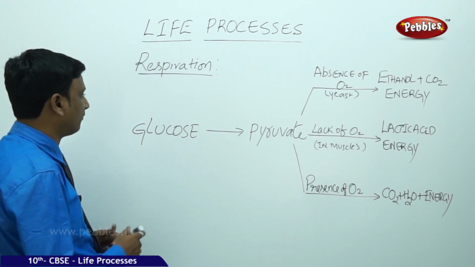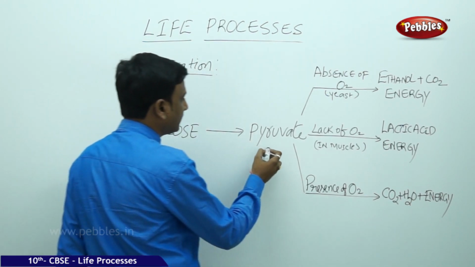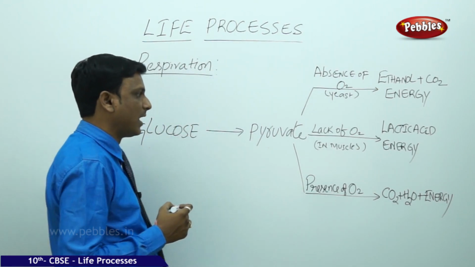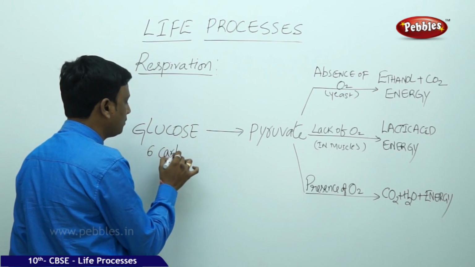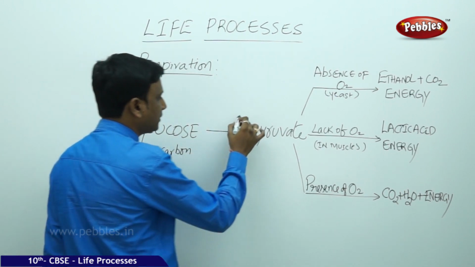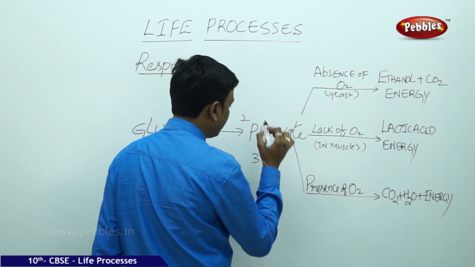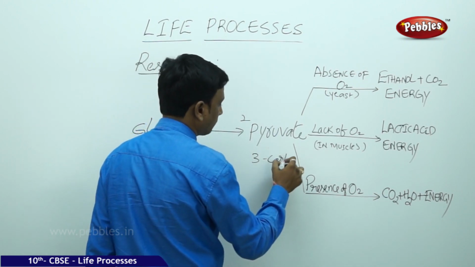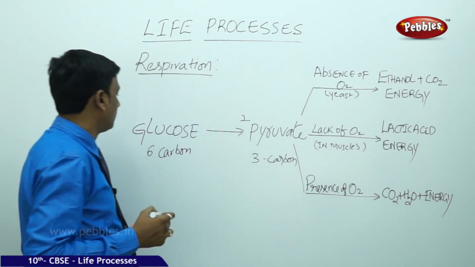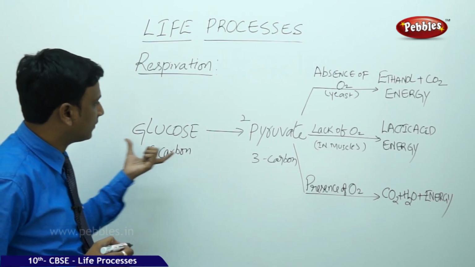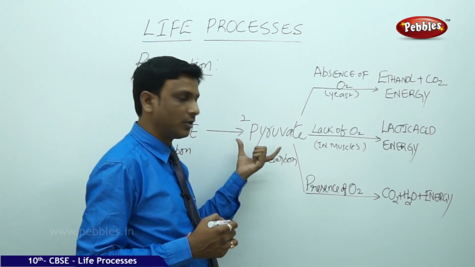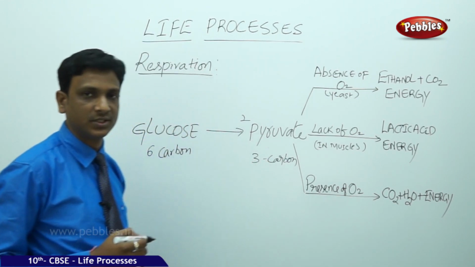In the cytoplasm, the glucose is converted to pyruvate or pyruvic acid. Glucose is a 6-carbon compound which is converted to 2 pyruvate of 3 carbon each.